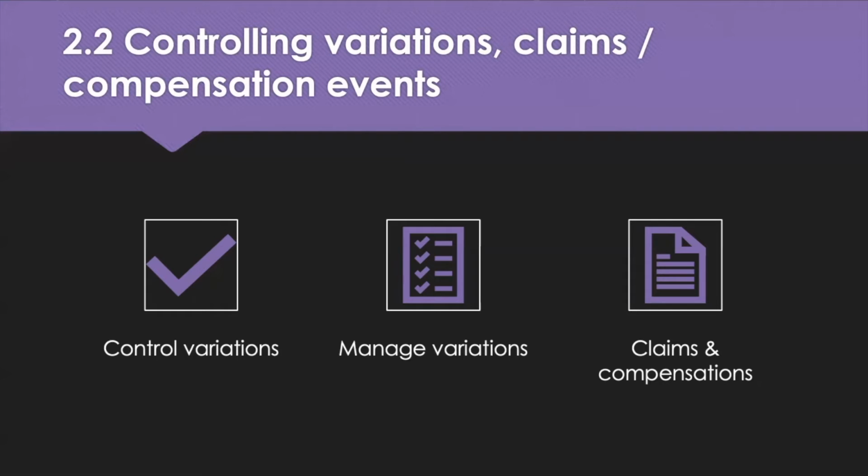They will include a variation clause in order to allow the client to make changes to the original scope of work. The contract should, however, also include a claims clause, and the main purpose of that is to ensure that the contractor is compensated for any claim and any cost incurred as a result of an unexpected event.